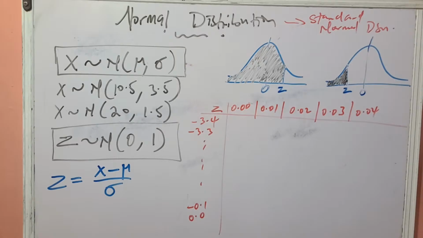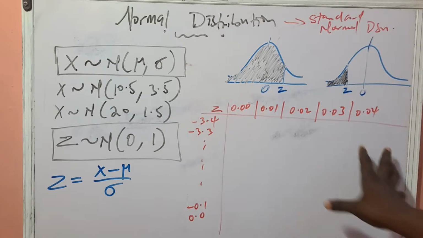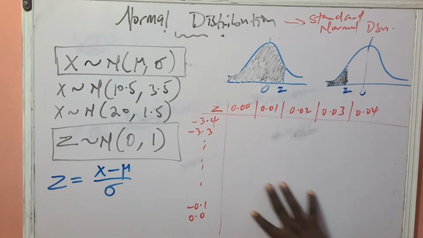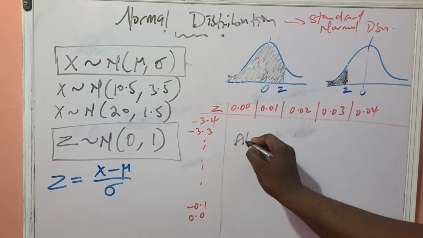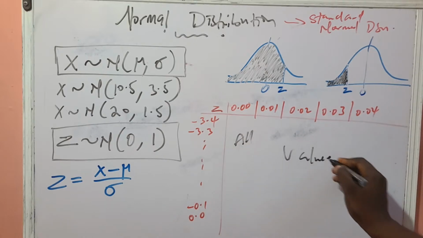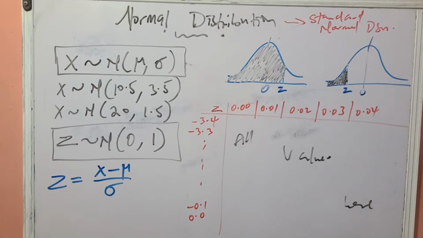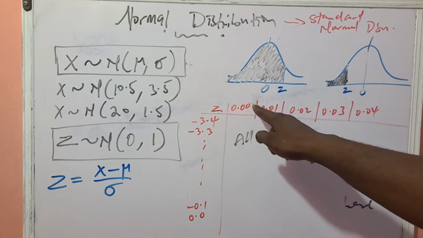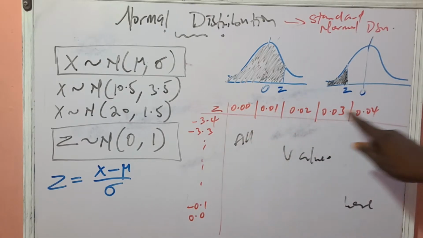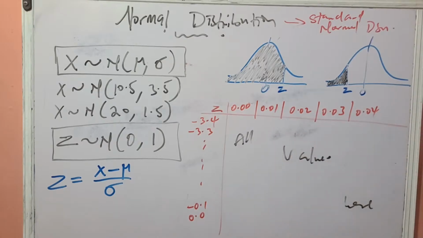Now, let's get right into it. Every value you see within this space, under 0.00, under 0.01, and on and on, you can see several values here.